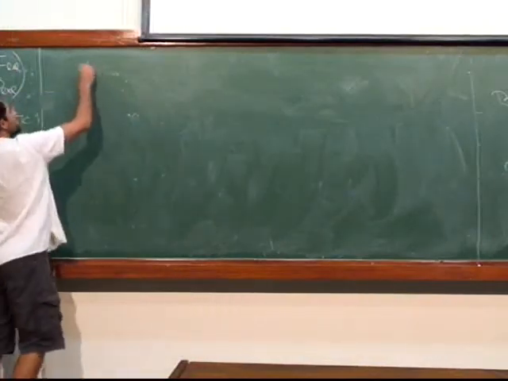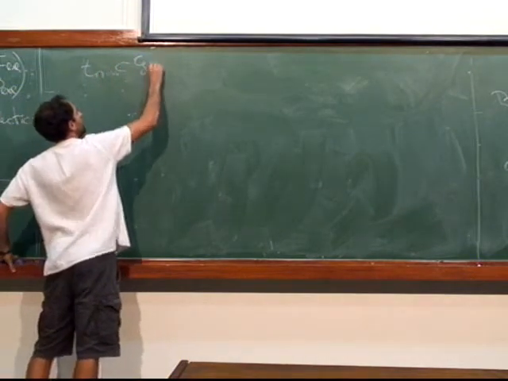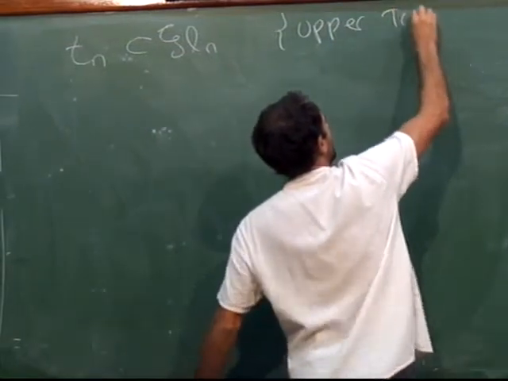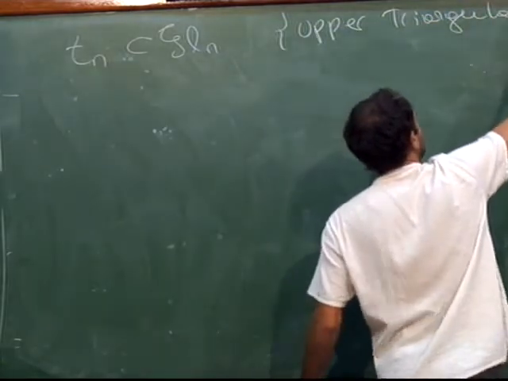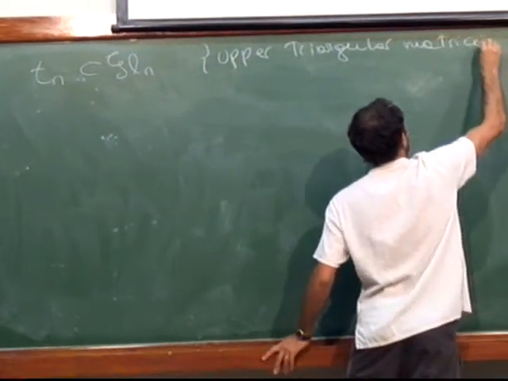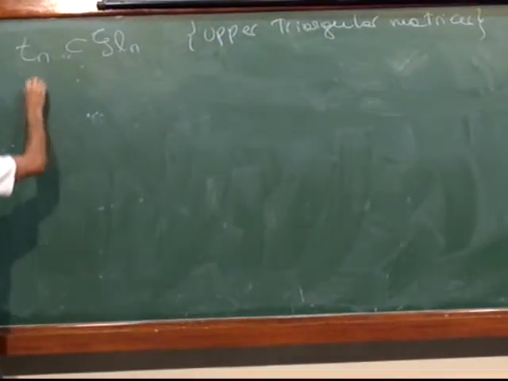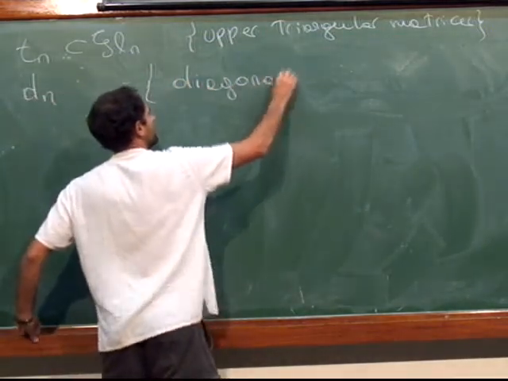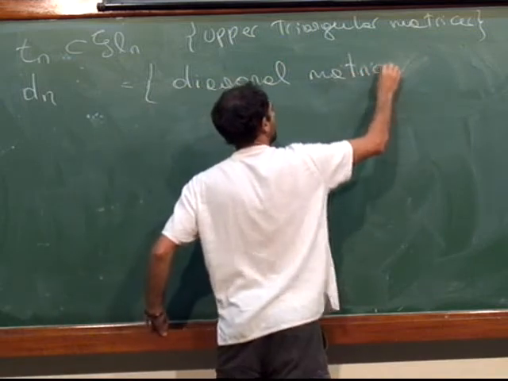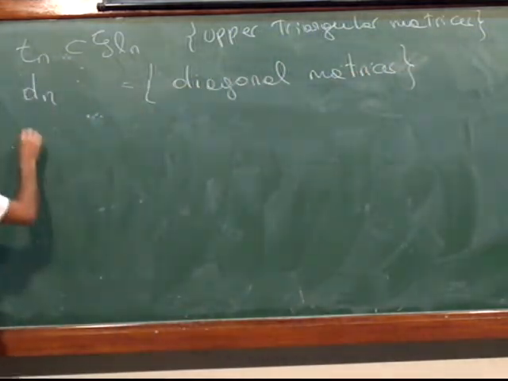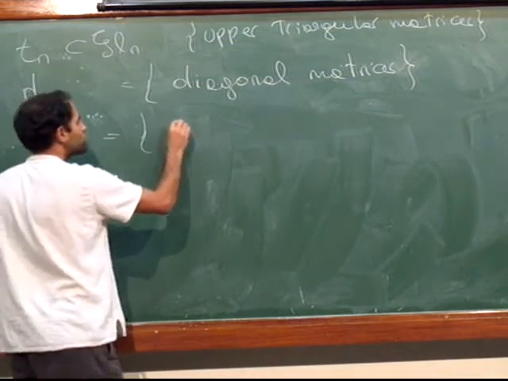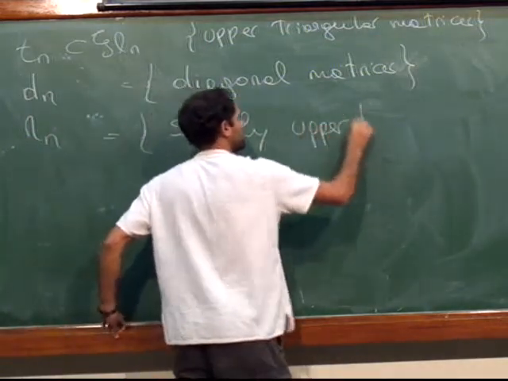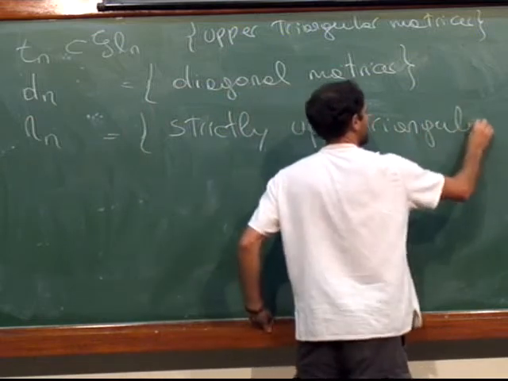So we have Tn inside of GLn, the set of upper triangular matrices, Dn the set of diagonal matrices, and Nn the set of strictly upper triangular matrices.